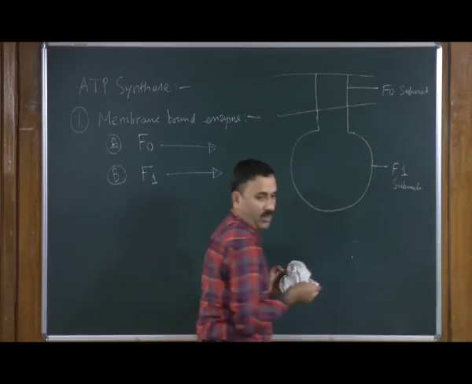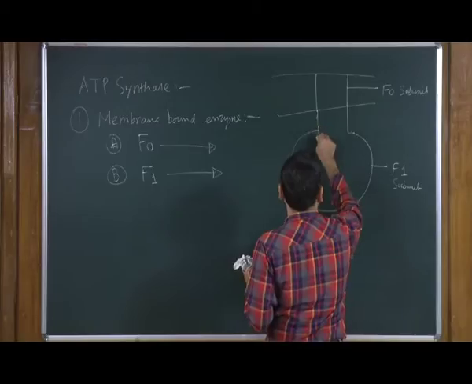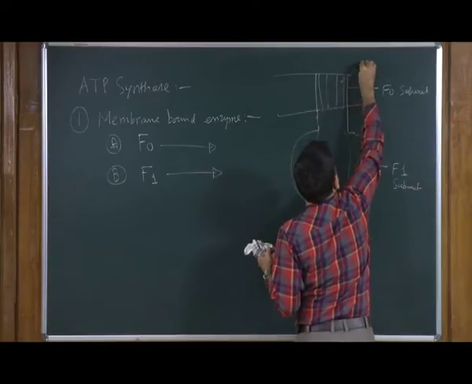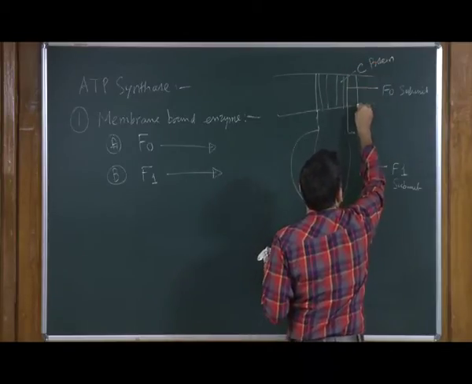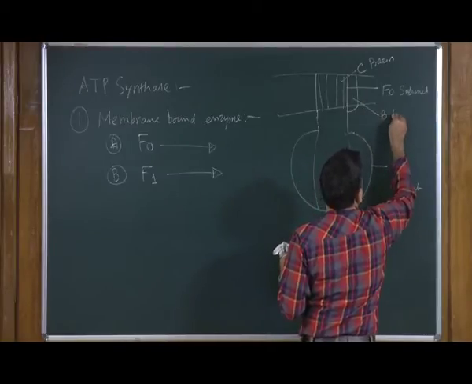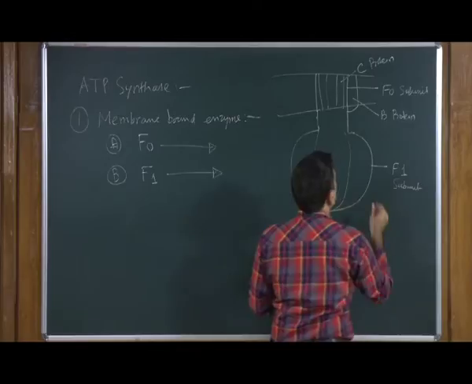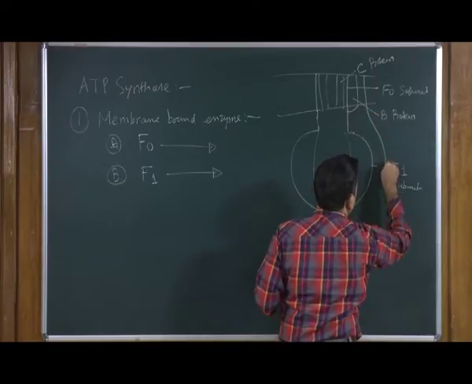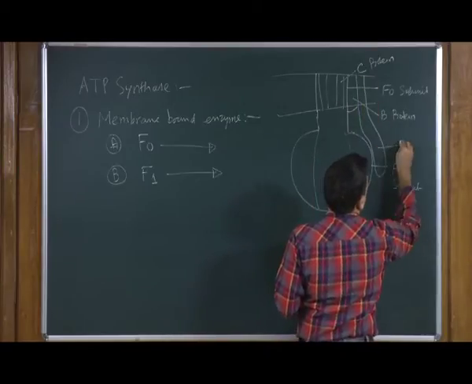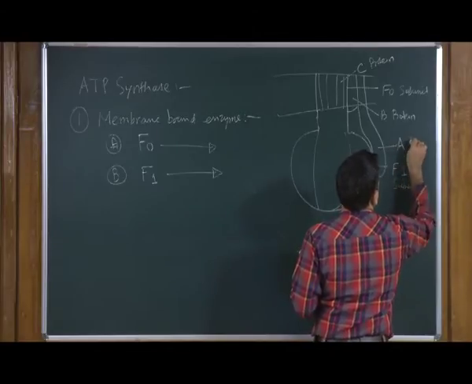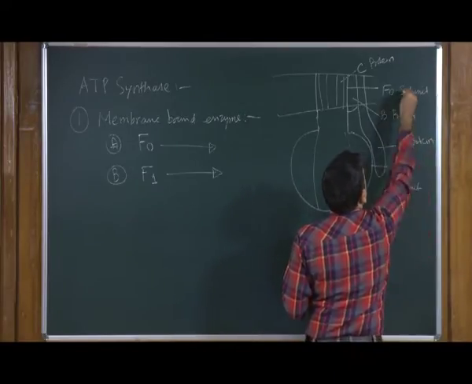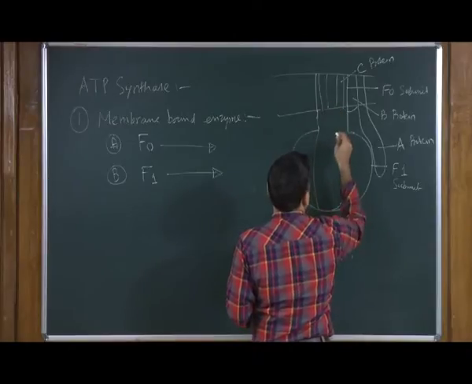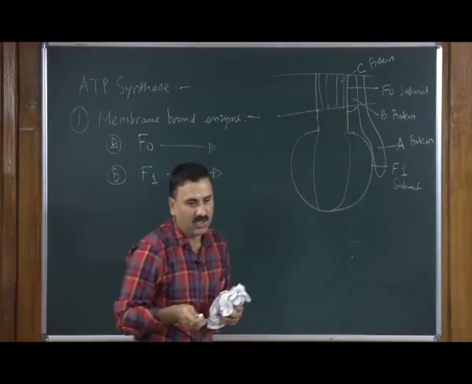And within this, this is the C protein, then you have B, and this is called A of the FO subunit.